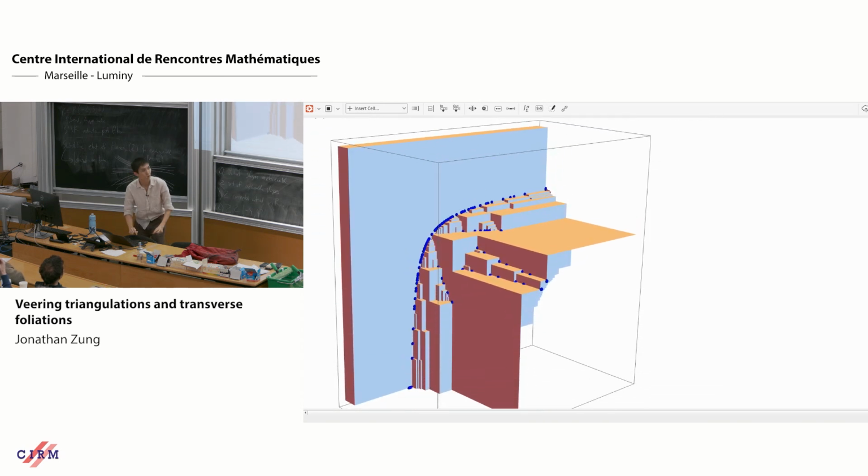For this link, there's a whole one-parameter family of S1 cross S2 fillings, and they all lie along this hyperbola shape. But then there are also these other interesting S1 cross S2 surgeries. The conjecture is that all of these points are accumulation points for the corners of Z. Okay, maybe I'll stop here.